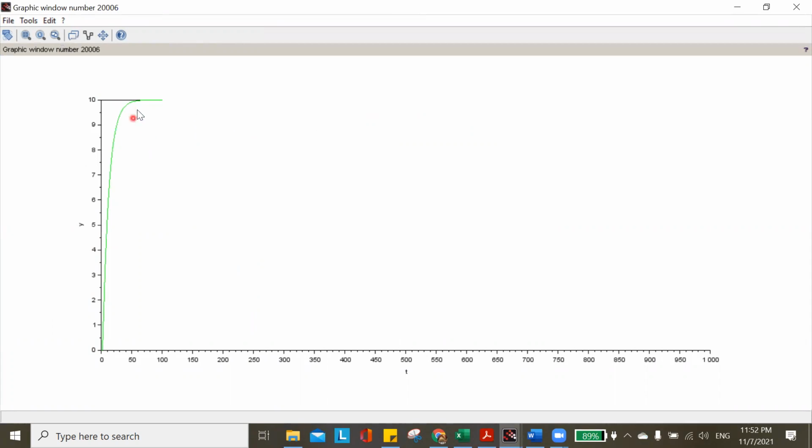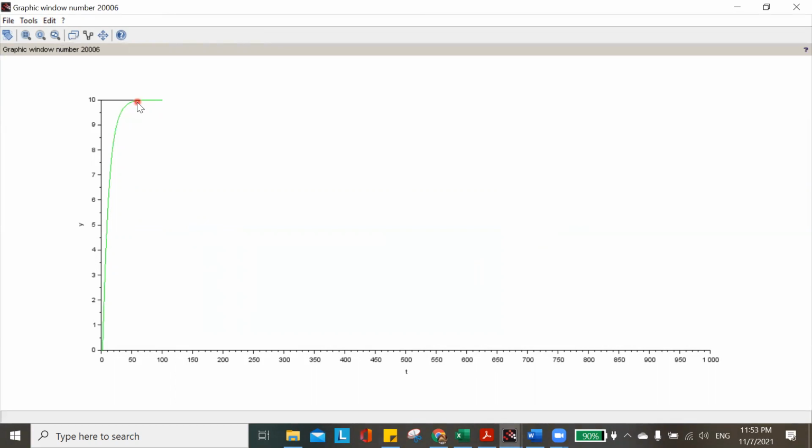This is what we call the reaction curve. This reaction curve is important for us to determine the values of M, TD, T, KP, which are important for calculating the starting value of KC.